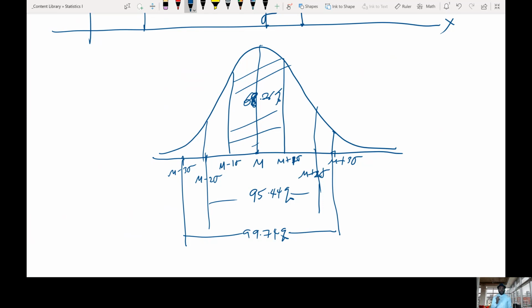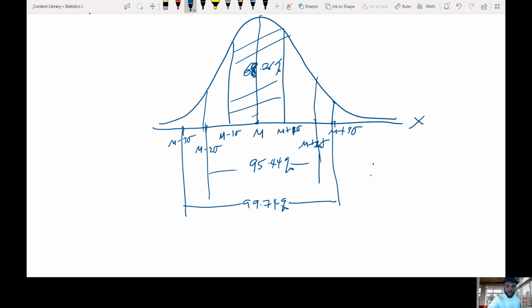Now, finding normal probabilities is what we're going to focus on. How do we find the normal probabilities? Because x here, as I said, is a continuous random variable, the probability of x equal to any particular value will be approximately 0.